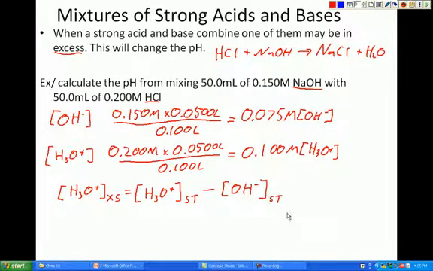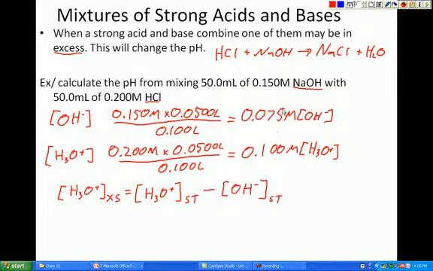So here is our formula of H3O plus and how much is in excess: our H3O plus at the start minus our OH minus at the start. And when it says start here, we mean after it's diluted.